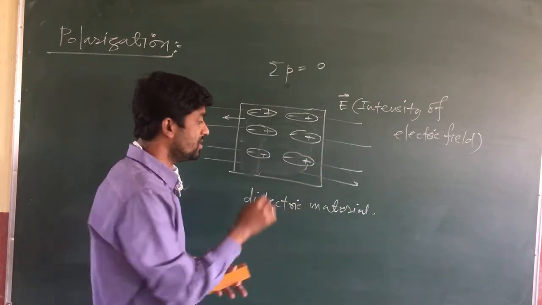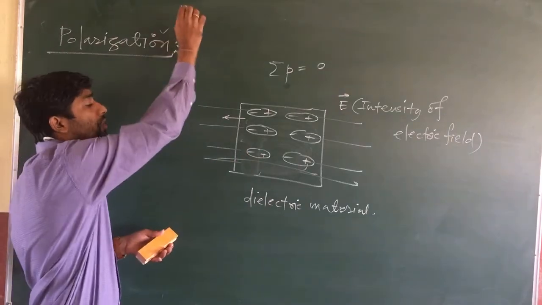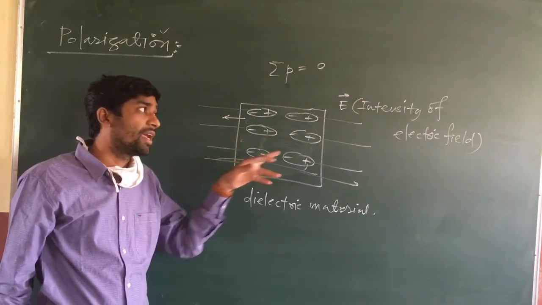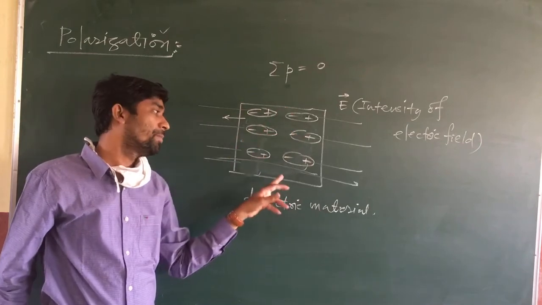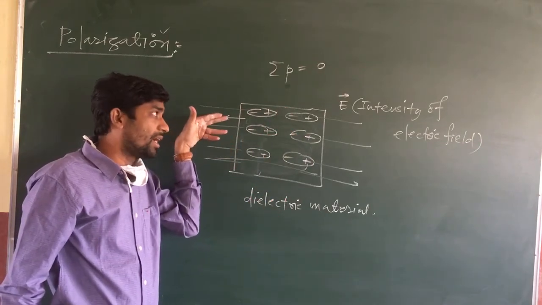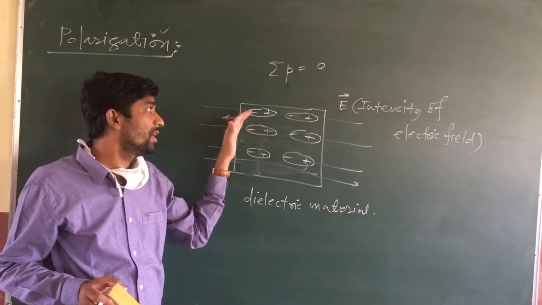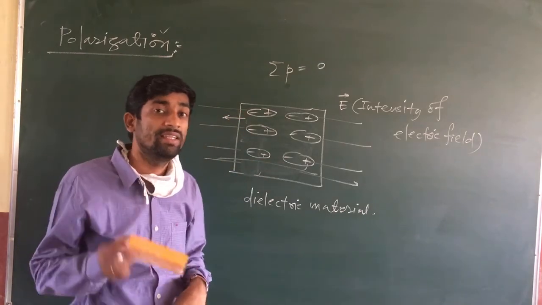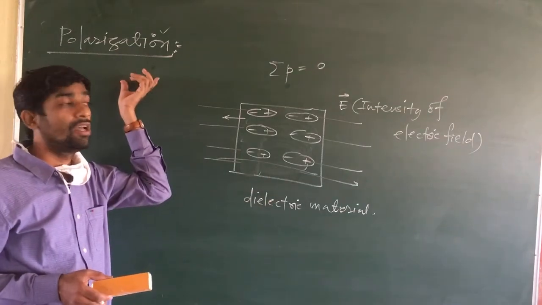This phenomenon is known as polarization. Polarization means that when an external electric field is applied, all the dipoles present in the dielectric material get oriented or aligned in the direction of the electric field. That phenomenon is known as polarization.